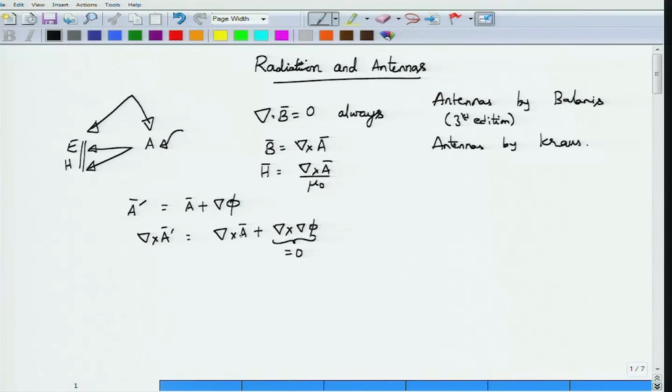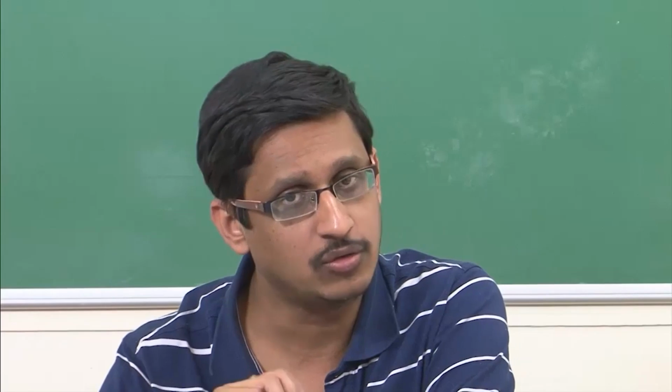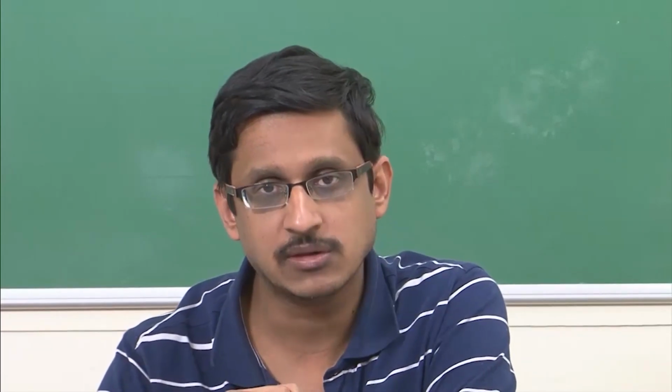So there is some sort of an ambiguity in defining A. We get around this ambiguity in the same way we got around the ambiguity for scalar potential. We said that in the scalar potential case there could be some ambiguity, but we are not interested in the actual potential at a point. We are only interested in the potential difference between one point and another point, because those are the meaningful results.